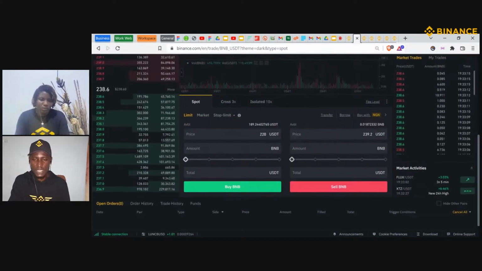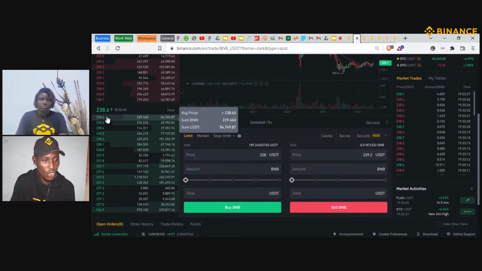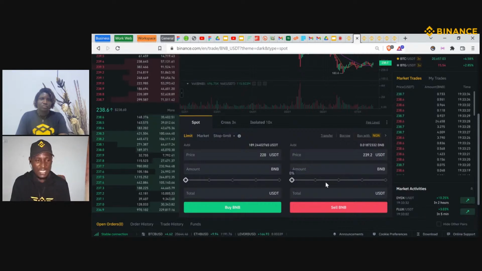Now, let me just chip in something about placing orders in spot. Most people usually misunderstand. When I place my order, let's say even as it is now, you have BNB at 238.6. You could place your order at 238.6 and it doesn't mean it will fill immediately. That is because when you place your order, it's going to place you in a queue.